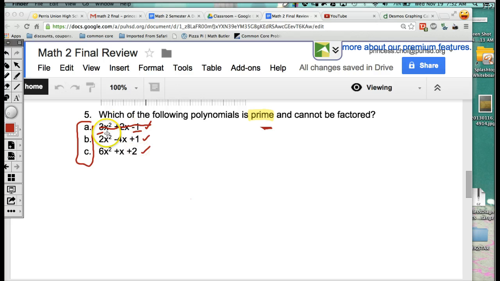The easiest way is to just try and factor it yourself. Let's look at B. Do the big X. 1 times 2 is 2. -4 goes down here. Factors of 2 are only 1 and 2, so there's no way we can make -4. So B is the correct answer.